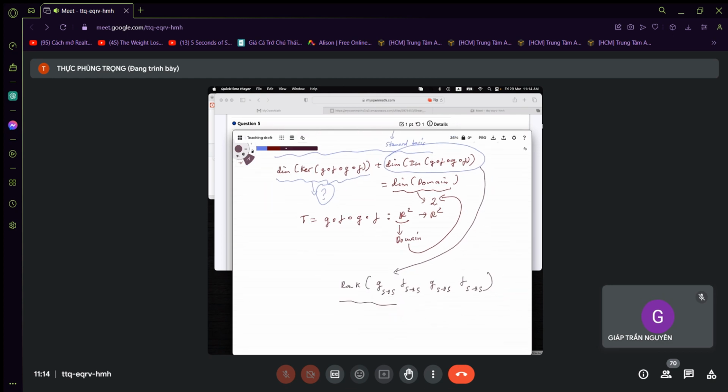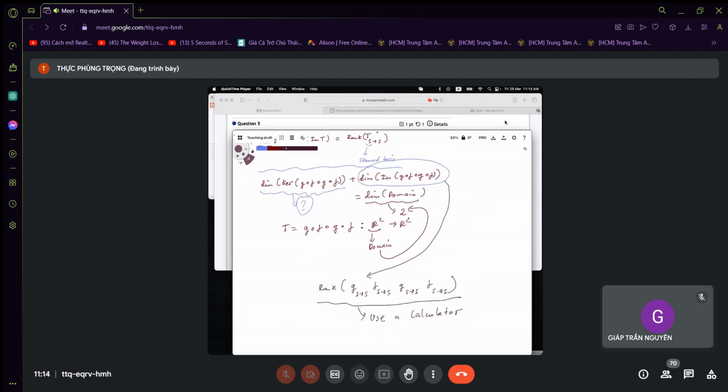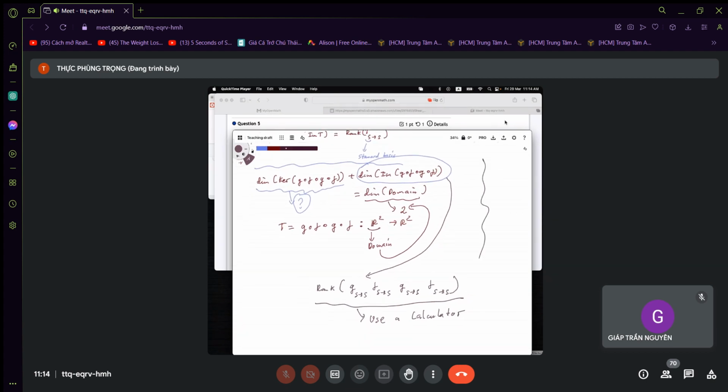You can get this one right. Use a calculator, because you already got GF, right? You got the 2 matrices. M is just √3/2, right? You use a calculator, you get this one. And then you get the answer.